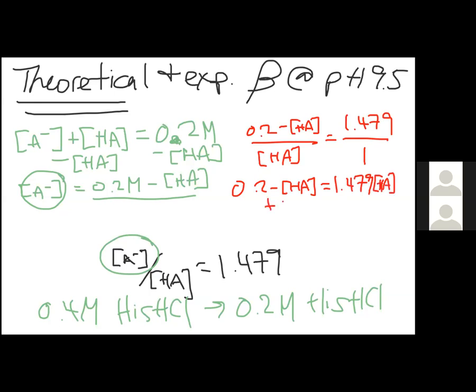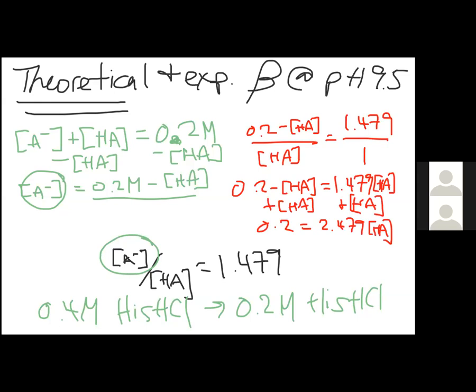I'm going to go ahead and add acid concentration to both sides. And what I end up getting is 0.2 equals 2.479 times the concentration of the acid.